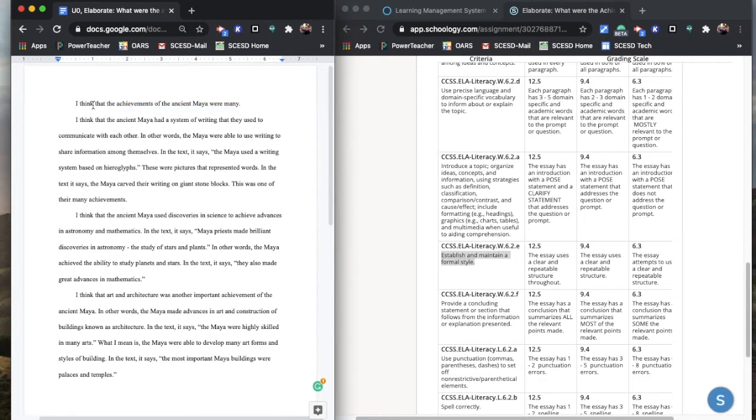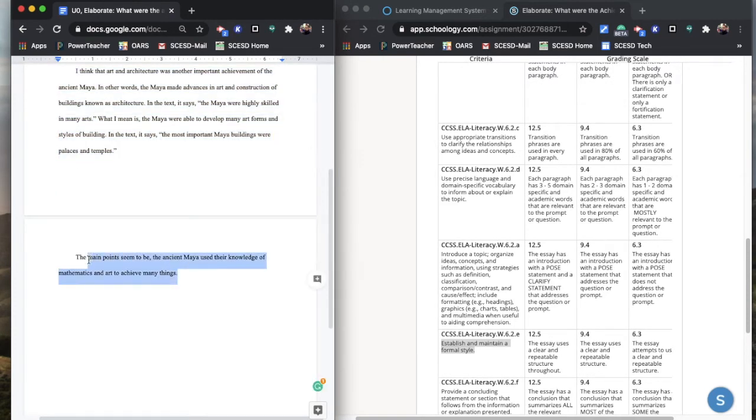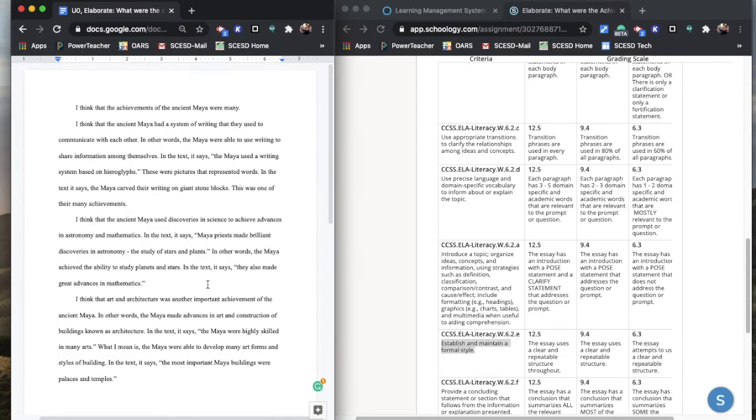I know that this is the first intro paragraph. This is the first body paragraph or second paragraph overall. I know that this is the third body, this is the fourth body, and then this is the fifth paragraph, which is the conclusion. So I know that because it's been the same throughout this whole essay.